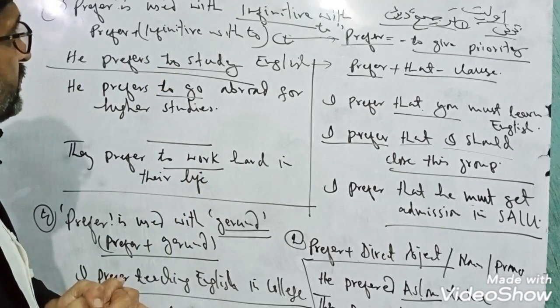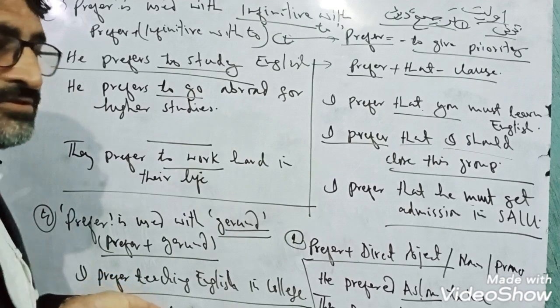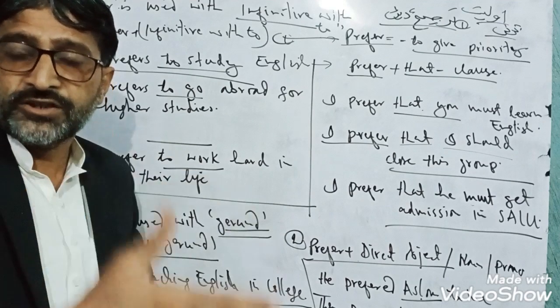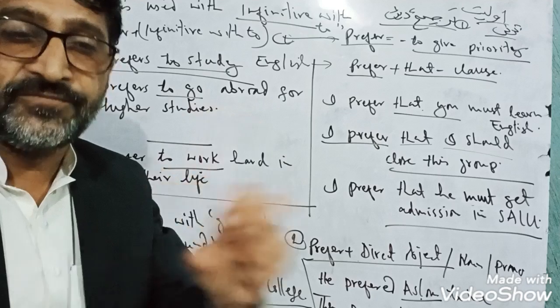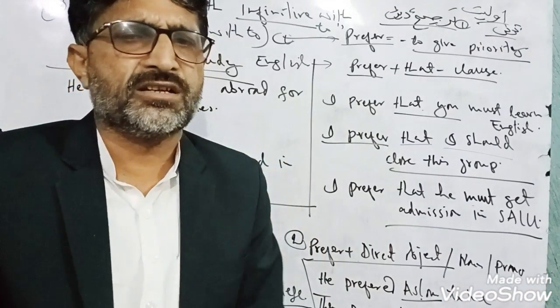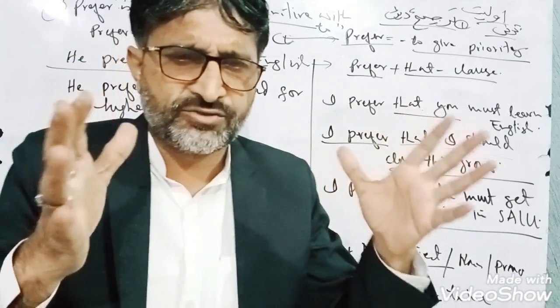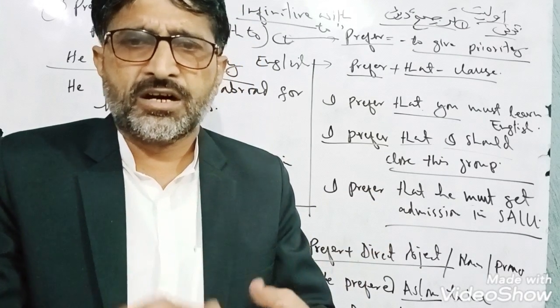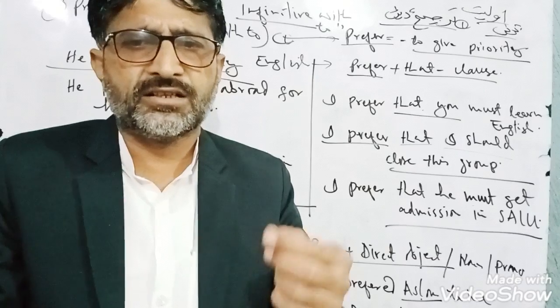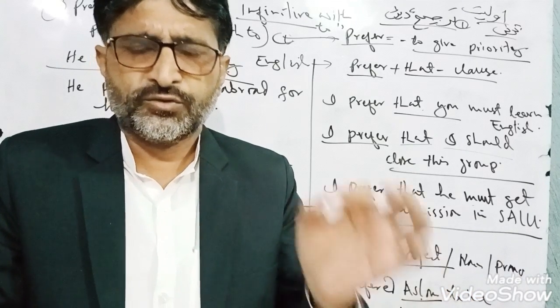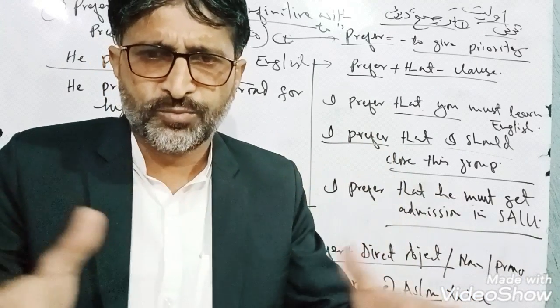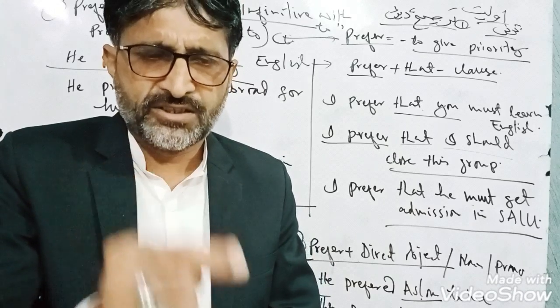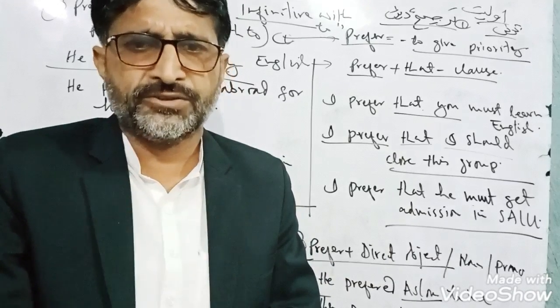Prefer is going to be used with the infinitive structure. When we are talking about the infinitive, it has two categories. Some verbs bear to and others are without to. So the infinitive is divided into two parts: one without to and the other with to.